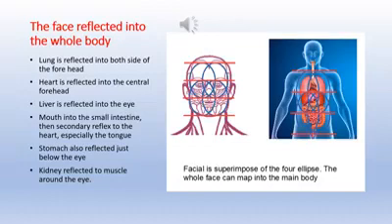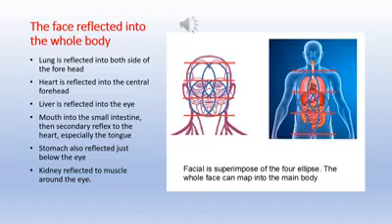So teary eyes also mean that there is water congestion at the lower part of the lung, because the lower part of the lung actually goes into the eye. Then you see the heart. The heart is at the central forehead. So when people have a headache at the central forehead, it is the heart. When you rub the central forehead softly, you can also strengthen the heart.